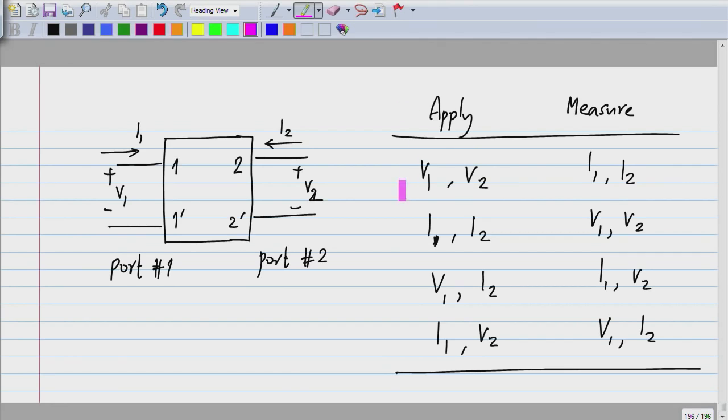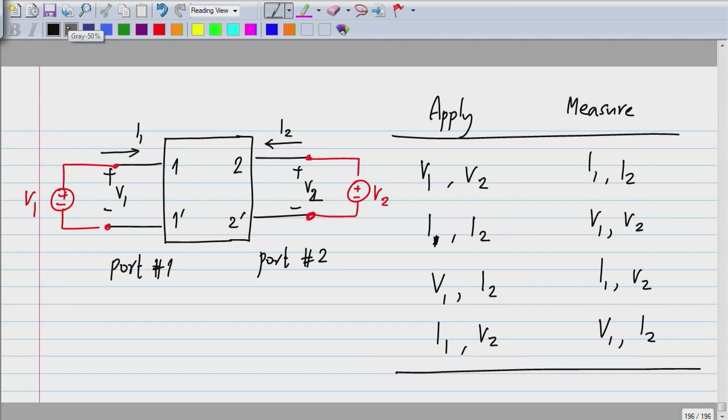So what do I mean when I say I apply V1 and V2 and measure I1 and I2? It means that I have voltage sources connected to the two ports, and then I will write I1 and I2 in terms of V1 and V2.